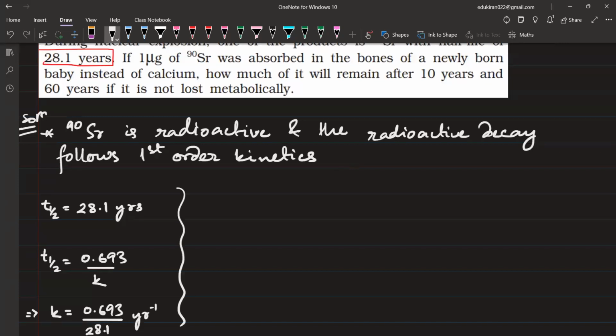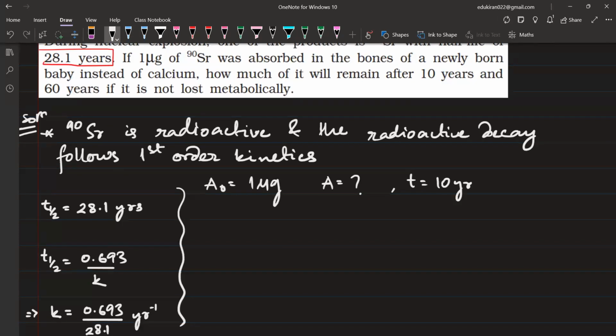They are saying how much of it will remain after 10 years. The time they have given us is 10 years. They have told us A naught: initially we have 1 microgram. And they are asking the amount of strontium remaining after the time they have given, 10 years.